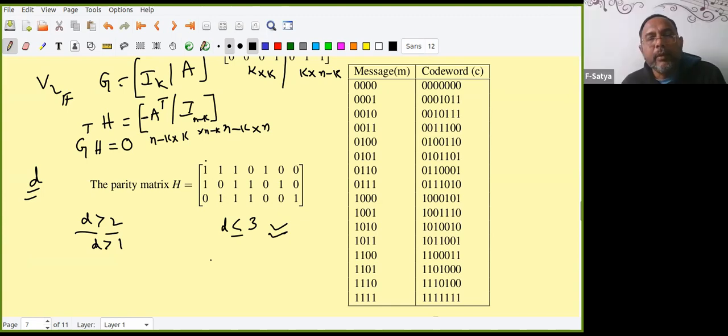The question is that you look at the column vectors, right? Can you see that this parity check matrix is very easy to recognize, easy to construct? You know that it is n minus k cross n, right?